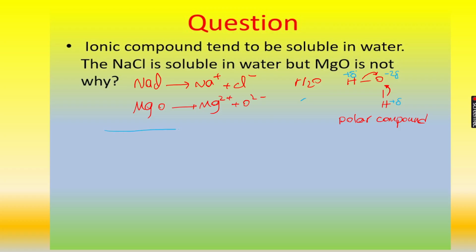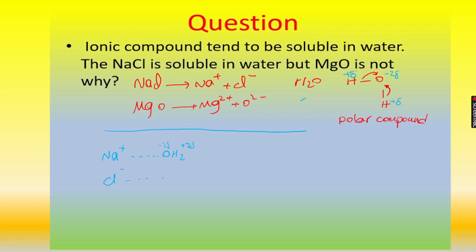First of all, NaCl is soluble in water, because when you put NaCl in the water, between the Na+ and the water with the oxygen side, because the oxygen is the partial minus, there is a kind of attraction.